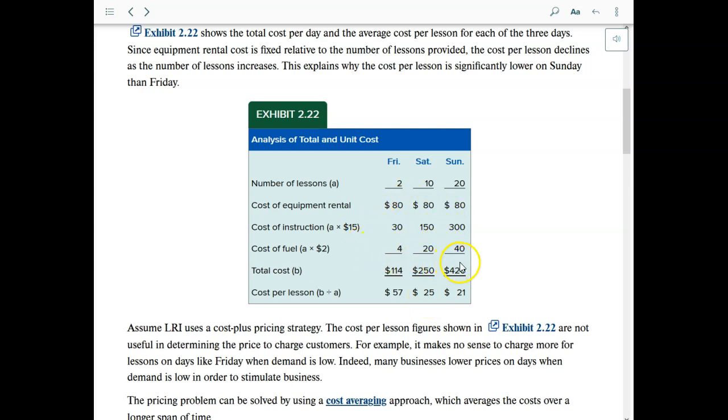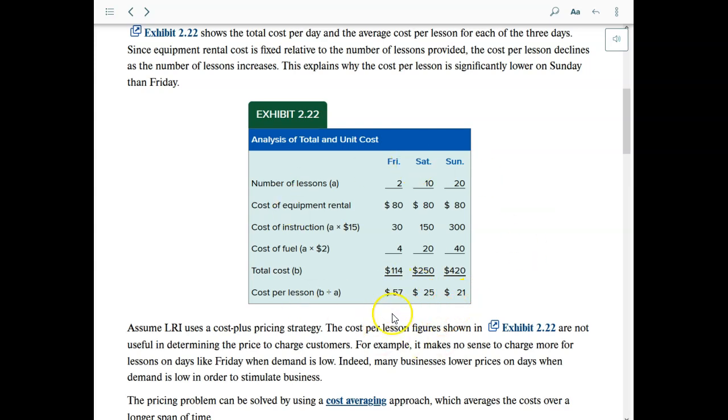The more lessons you have, the less per lesson the cost is. On Sunday, it's only $21 per hour, your cost. So should you charge the people on Friday a lot more per lesson hour than on Sunday? If you do that, people are not going to come Friday anyway. Everybody will come here on the weekends.